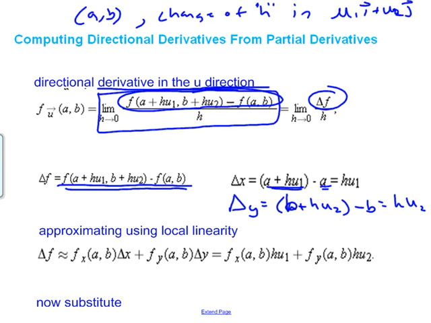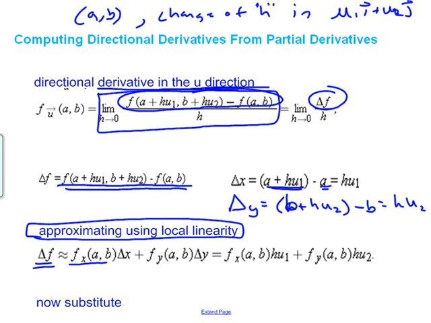So therefore, we can approximate using local linearity, which we learned in the last section. Our change in f is the partial derivative with respect to x times our change in x, plus the partial derivative with respect to y times our change in y.